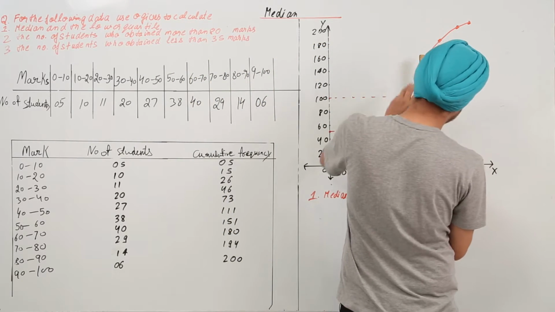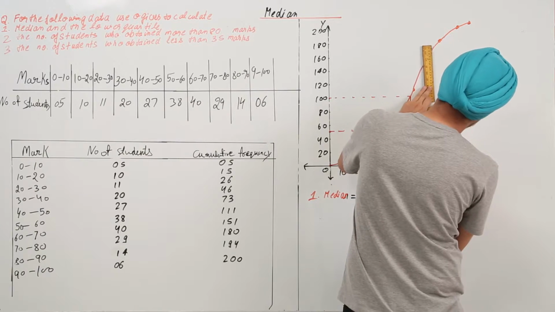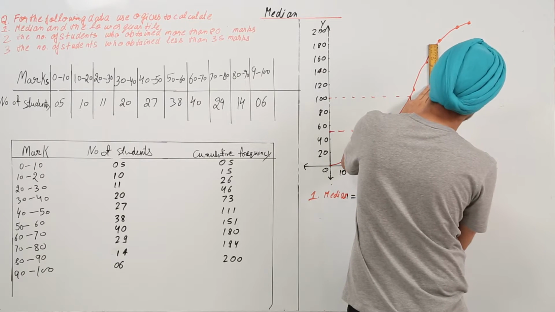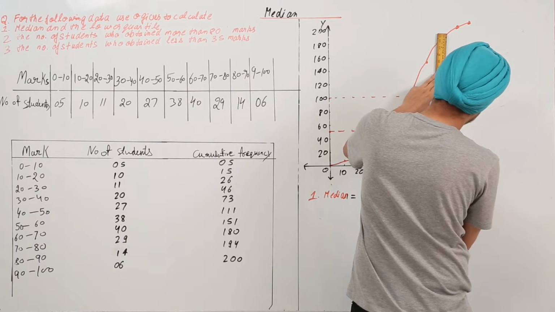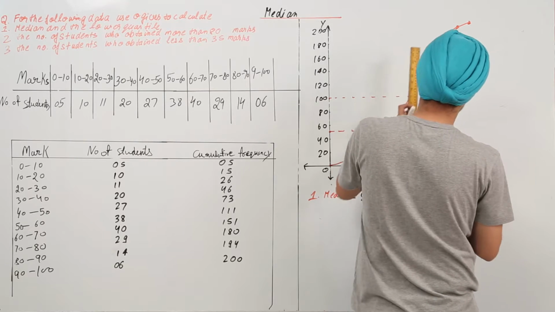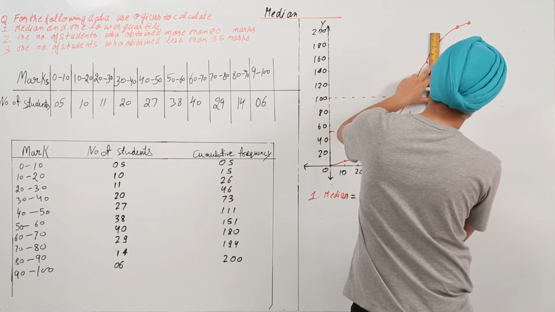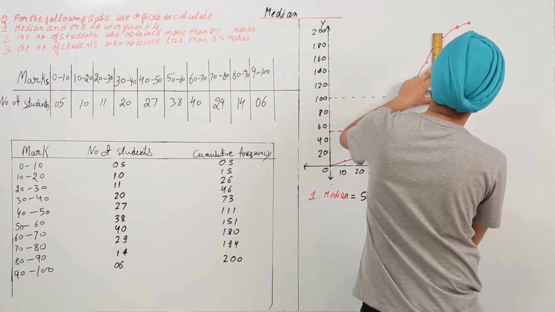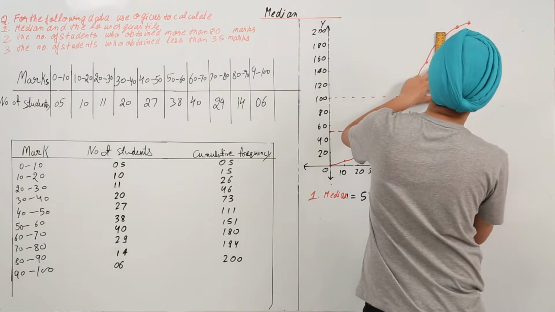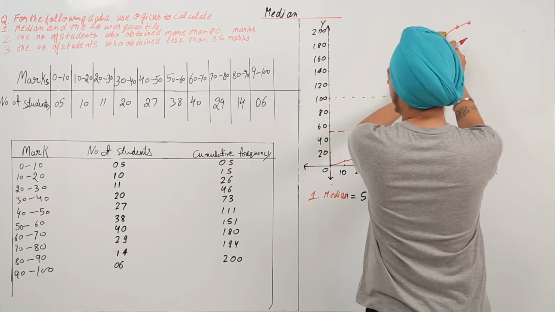So again, I'm going to make a line from here vertically, which is going to meet the ogive. Okay. I know the point that this line will meet is this, right? 80 comma, what was the point?